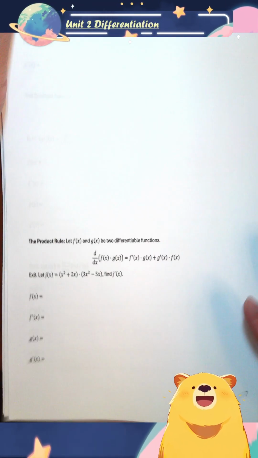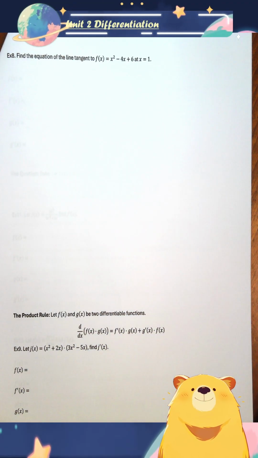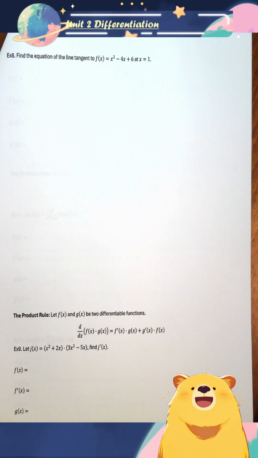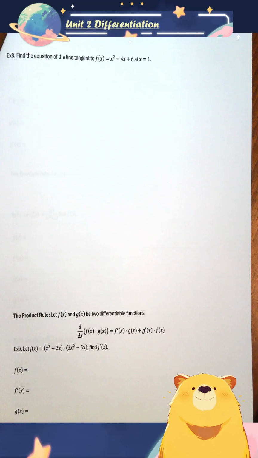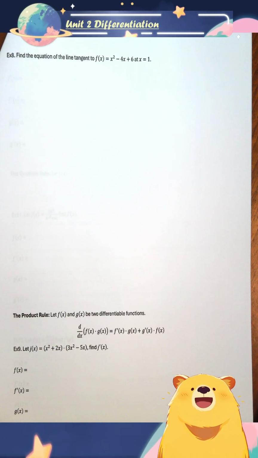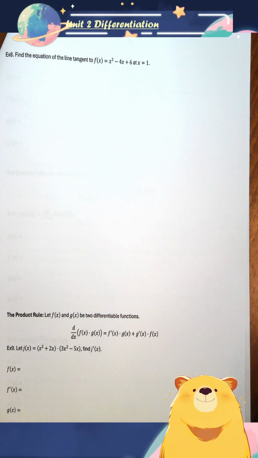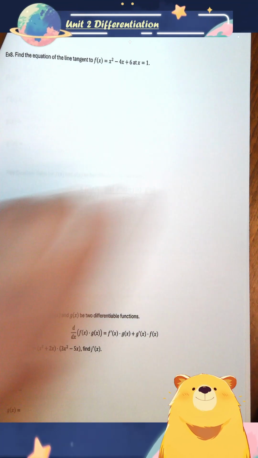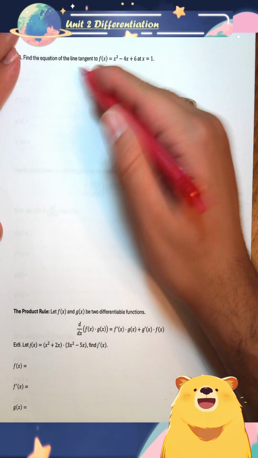Now using these tricks, we're going to revisit an old problem. This problem reads, find the equation of the line tangent to f of x equals x squared minus 4x plus 6 at x is equal to 1. Well, recall the idea of that line tangent.